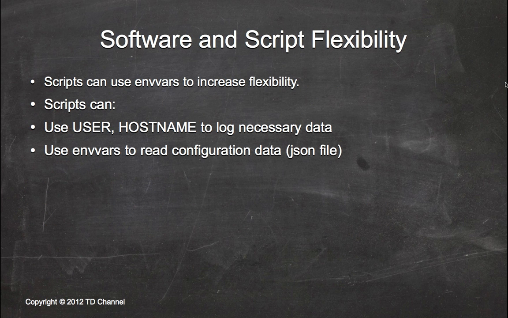One of the last things that I mentioned was that environment variables can be used for software and script flexibility. So for example, you could use the values user and hostname to create necessary log data. This is very common, for instance, if you're working in a script that will allow users to publish meshes into the pipeline.